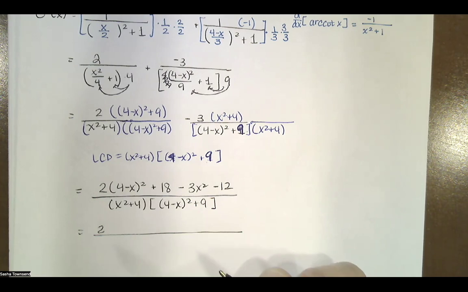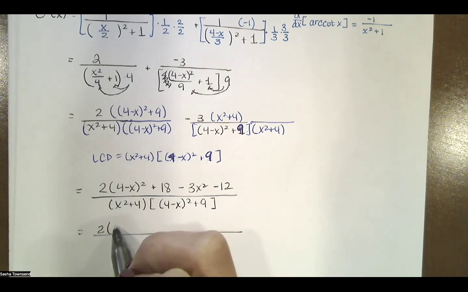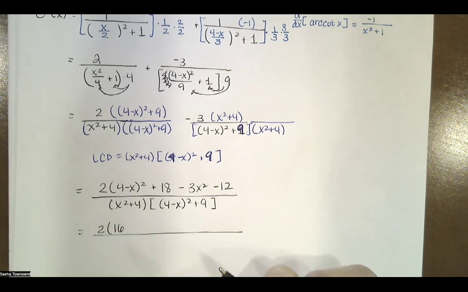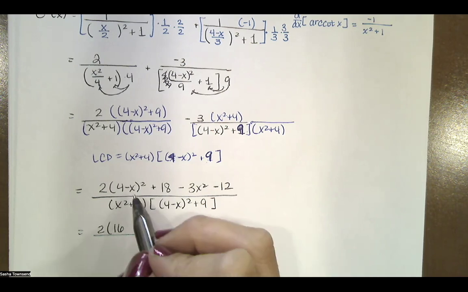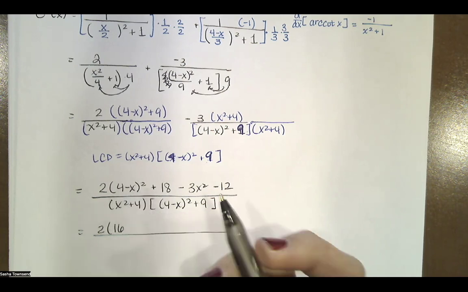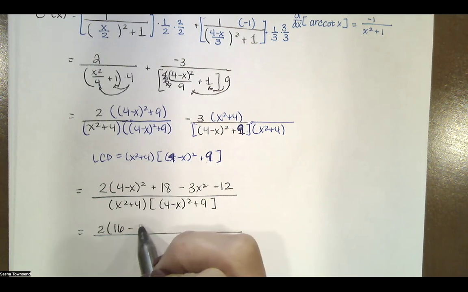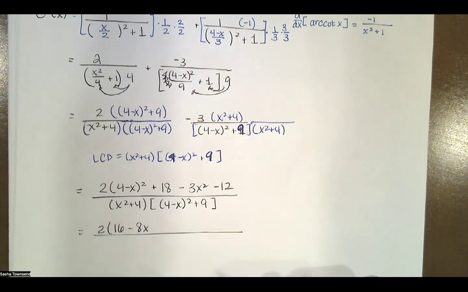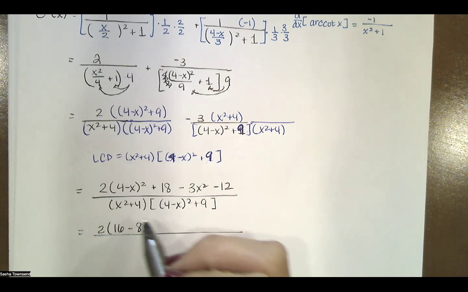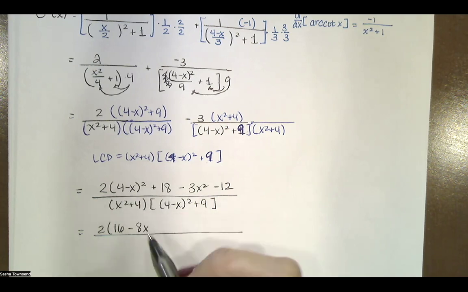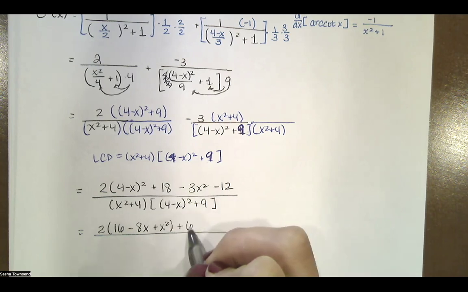Now this 4 minus x quantity squared, if we square it, we'll have 4 times 4 is 16. Outer times outer would be 4 times negative x, so negative 4x. Inner times inner will also be a negative 4x, so we'll have a negative 8x. And last times last would be x squared. 18 minus 12 is 6.